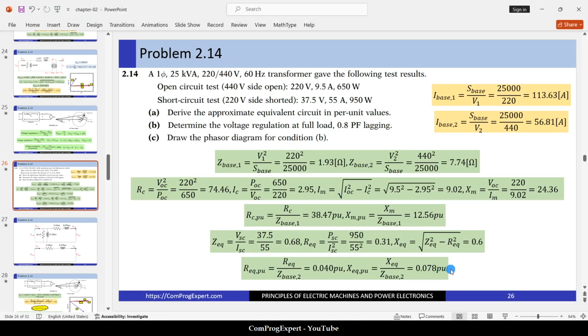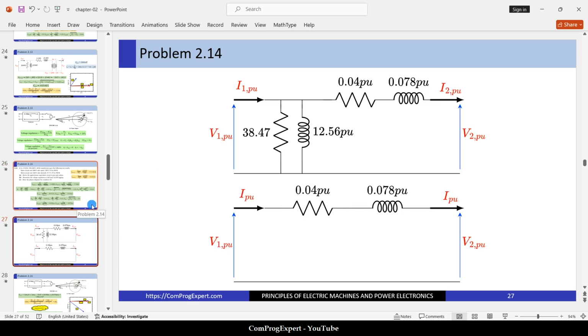Yes. So we calculated the parameters of the equivalent circuit in per unit values. And finally, we can draw these equivalent models.